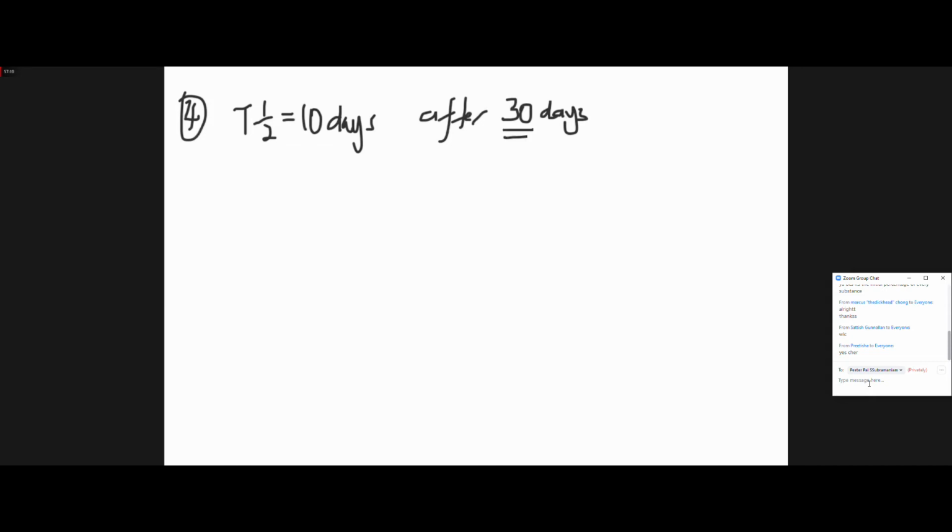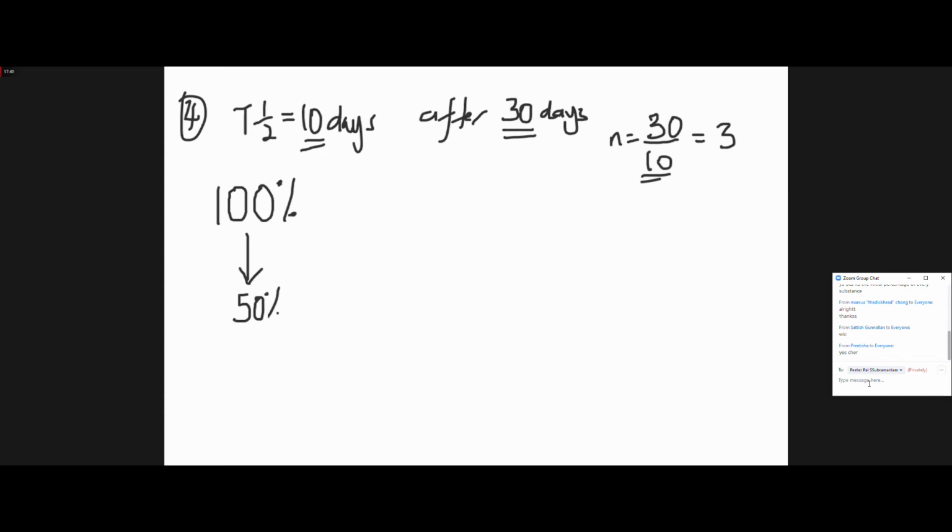So 30 days, each half-life is 10 days. You divide 30 by 10 and you'll know the number of times it occurred. So it occurred 3 times. For percentage, always take the initial amount as 100%. After the first half-life, the balance is 50%.